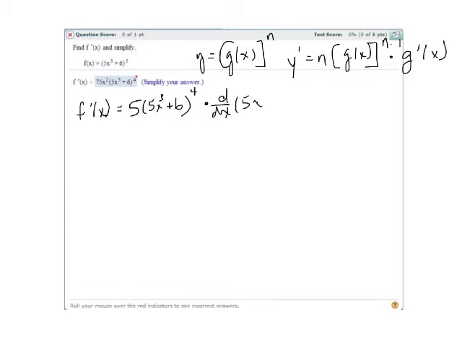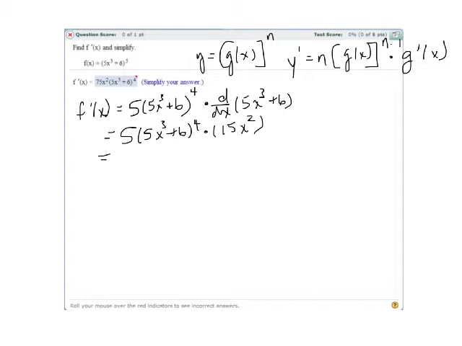So the derivative of 5x cubed plus 6. The derivative of 5x cubed is going to be 5 times 3x squared, so that'll be 15x squared. And plus the derivative of 6, the derivative of 6 is 0, so that derivative is just 15x squared.